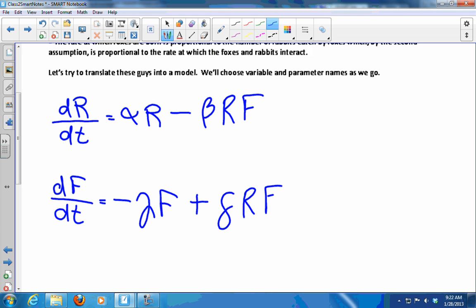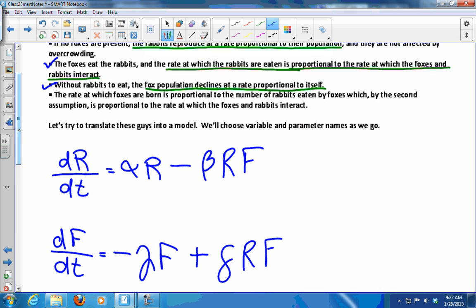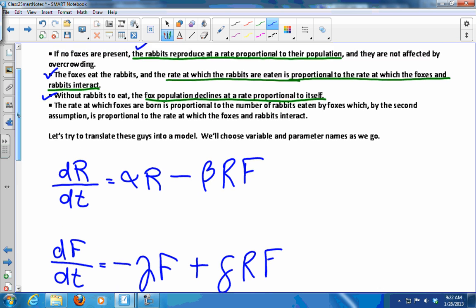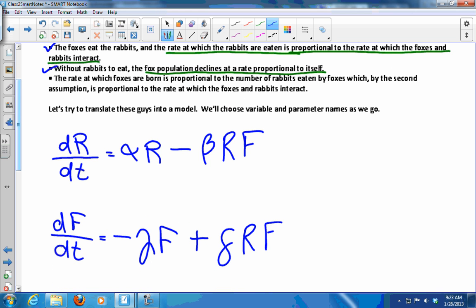So do you think that this captures our assumptions? Let's go through them. If there are no foxes present, then F would be 0. This F would become a 0, and this term would just go away. And I would just have alpha R, which is assumption 1, that with no foxes, rabbits grow proportional to their population size.